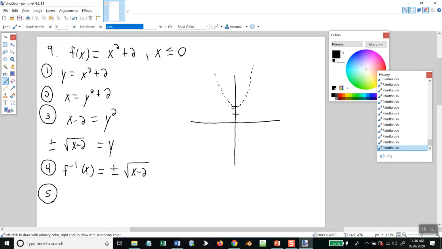Now they say x is less than or equal to 0. What that means is we want to keep the part of the graph where x is less than or equal to 0, which, connect the dots, would look like that.